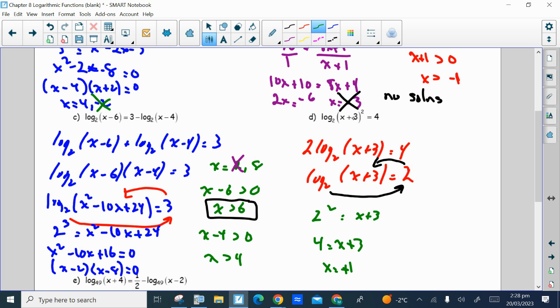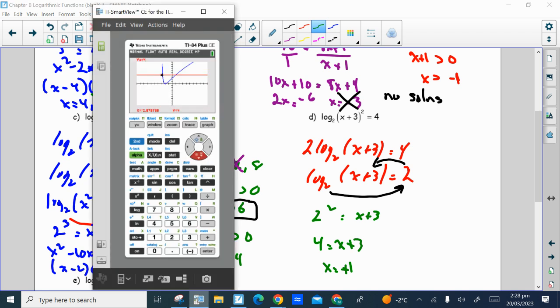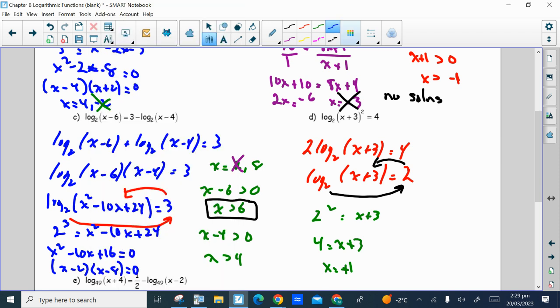So it looks like there's a point of intersection here, but if I go into trace mode and I'm on the graph of the log, and I let x equal negative 3, I don't get a y value returned because it's a non-permissible value. And that's the only non-permissible value here. Because the x plus 3 is squared, you're never going to get a negative value for that part, but you can get 0 for that part, and you cannot take the log of a negative number or 0. So our restriction here is that x cannot equal negative 3.